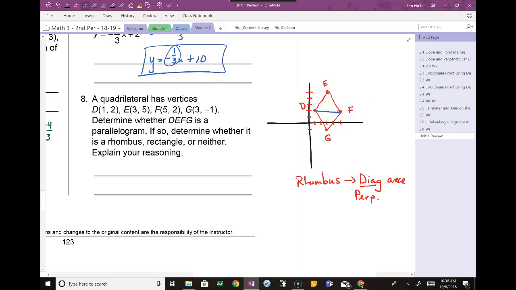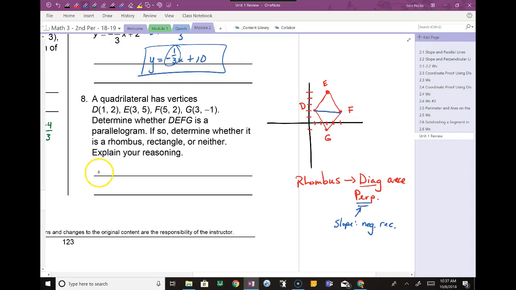So I'm looking for a slope to prove perpendicular. Remember, perpendicular slopes are negative, so opposite, and then reciprocal, meaning you flip the fraction.